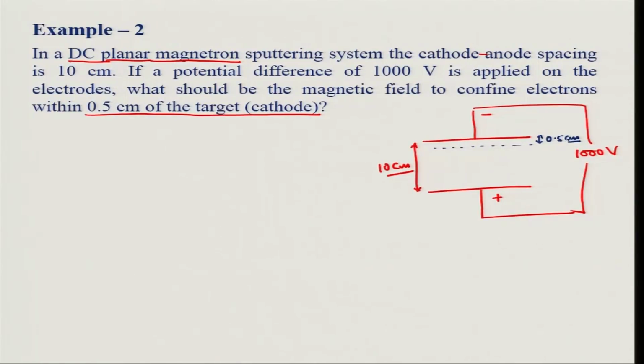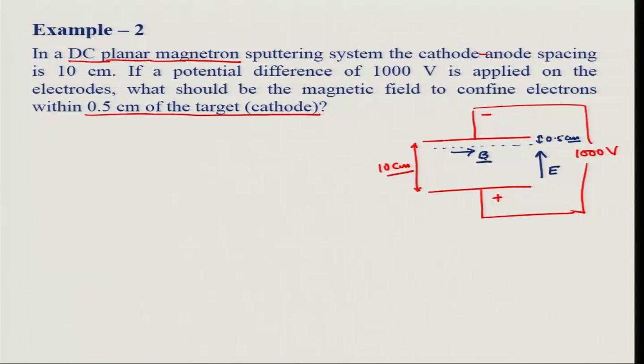Now, we know that electric field is in this direction, and we want to confine electrons within this. So, my magnetic field should be in perpendicular direction. So, let us say that my magnetic field is in this direction.